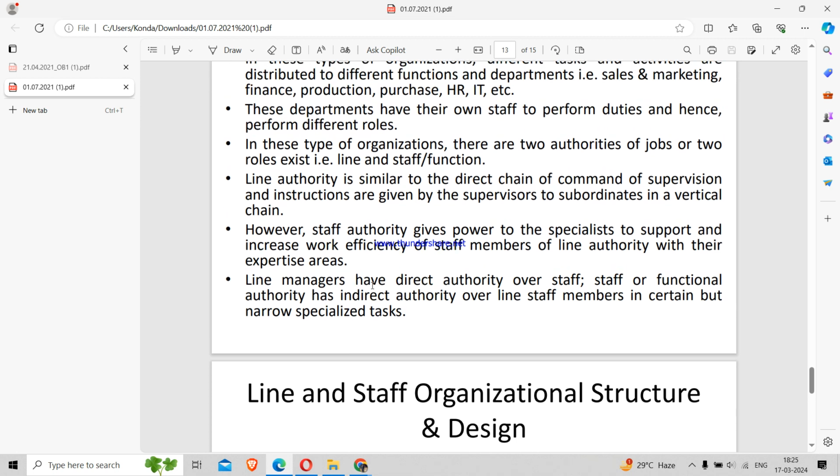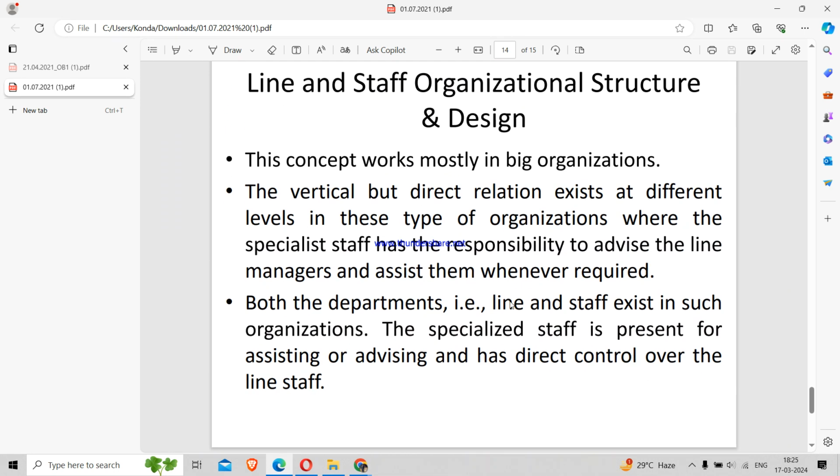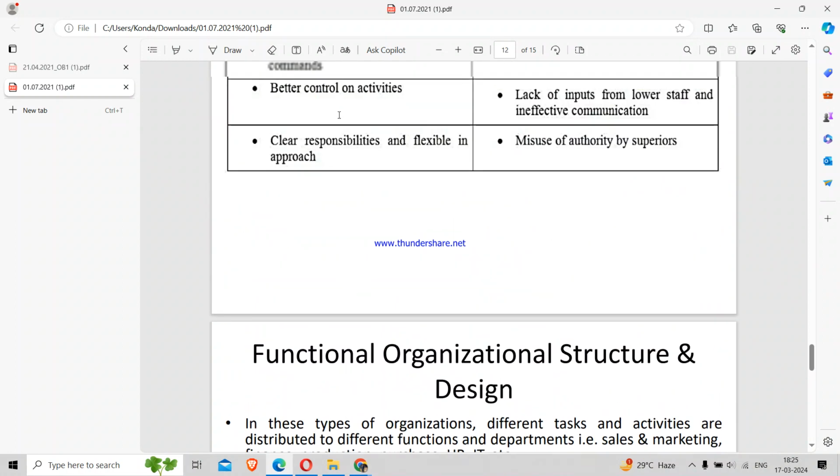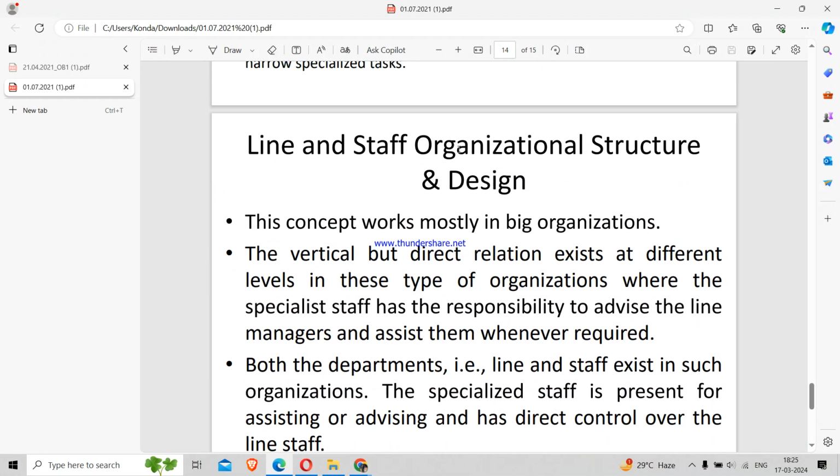Next is, the line managers have direct authority over staff. Staff or functional authority has direct authority over the line staff members in certain but narrow specialized works. Next is line and staff organizational structure and design. This is mostly relevant in big organizations.